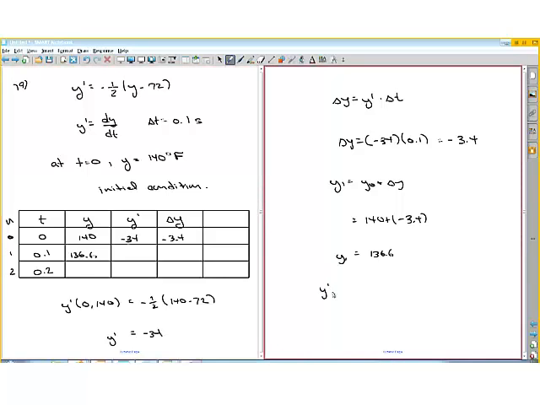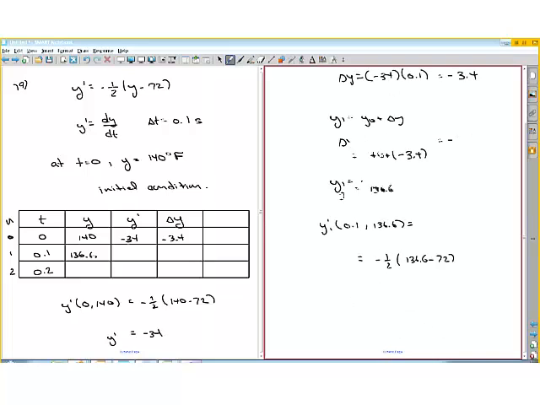Okay, now you calculate y prime at step 1, which is a function of the time, which is now 0.1, and of y. In this case, the time step doesn't come into the derivative, so all it is is negative 1/2 times (136.6 minus 72).